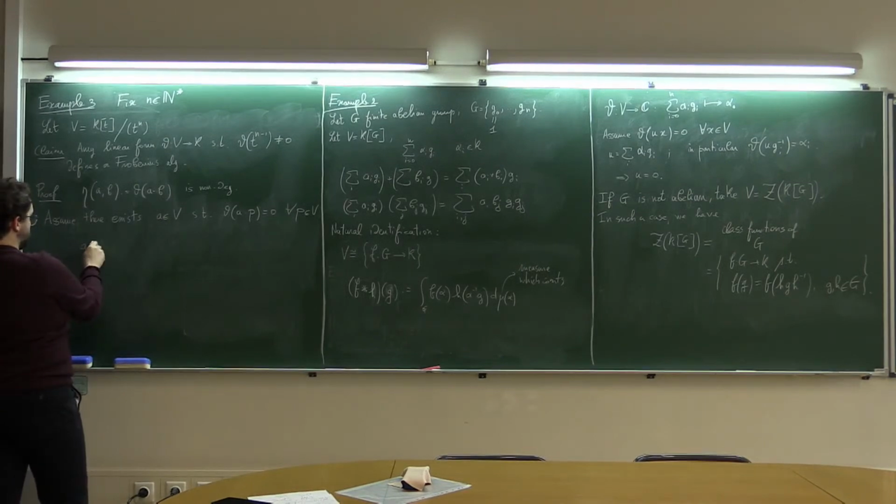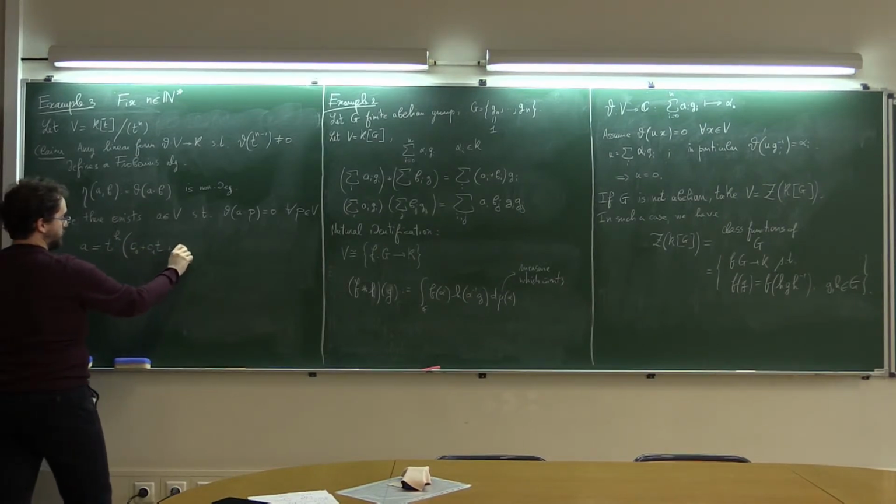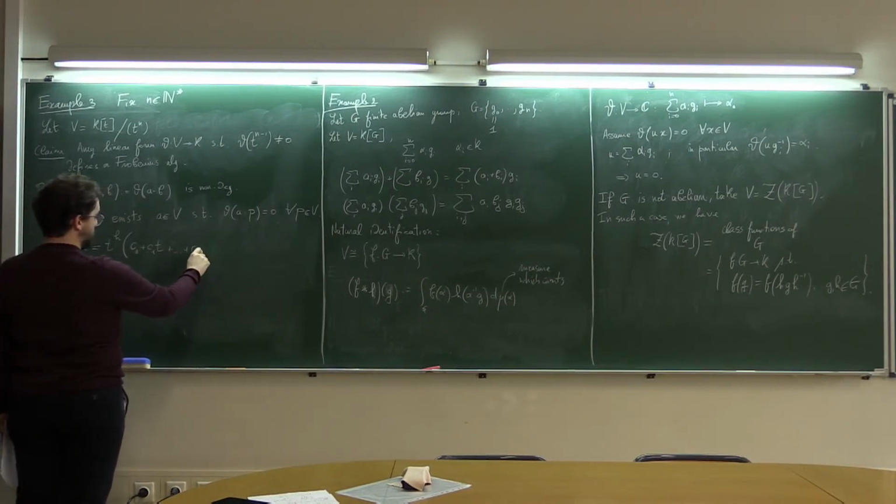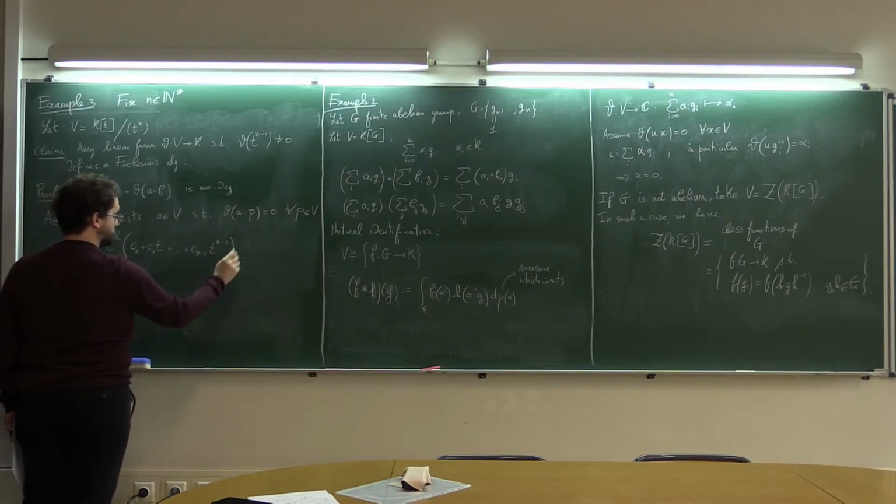Well, the most general form that a can have is the following. We will have a power of t times another polynomial with non-zero constant term. Let me call this c0 plus c1 times t plus up to order n minus 1, c_(n-1) t^(n-1).